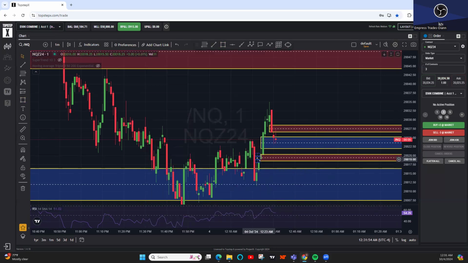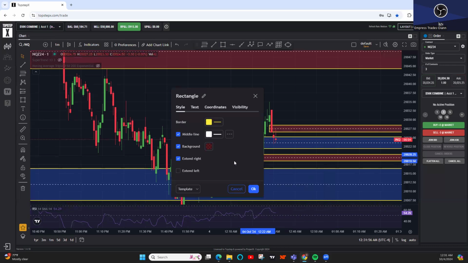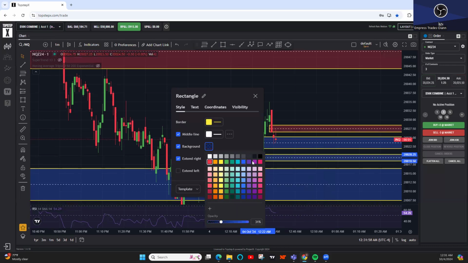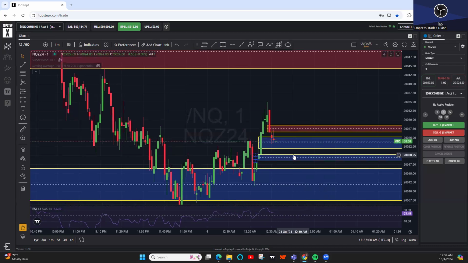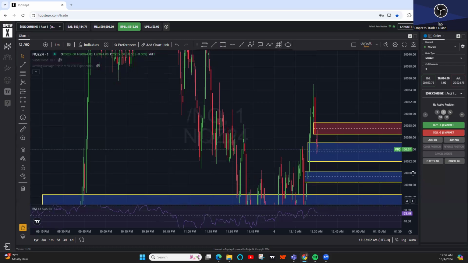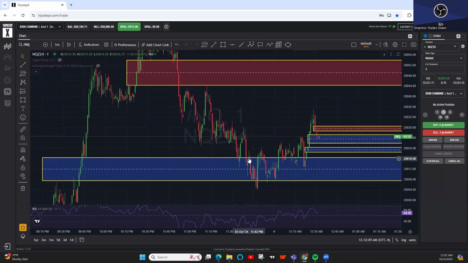Hate when that happens. Just be aware of it. It's a bullish fair value gap. Here's another bearish one.